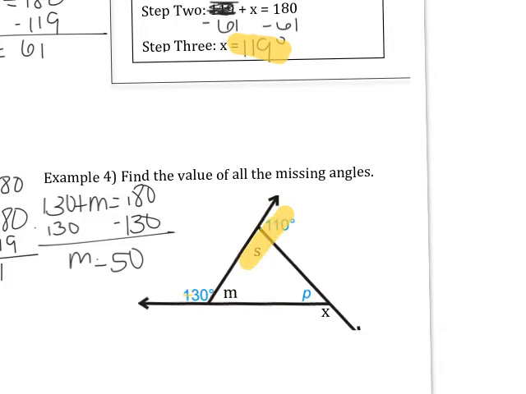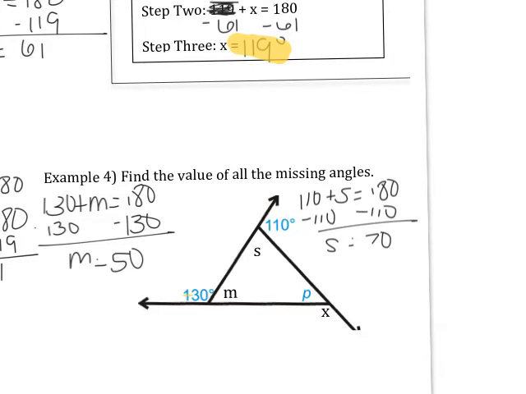Likewise, these two are supplementary. So they add to 180. So 110 plus s is equal to 180. Subtract 110 from both sides, and s is equal to 70. Well, wait a second. How are we going to figure out these two now? There's two of them there.